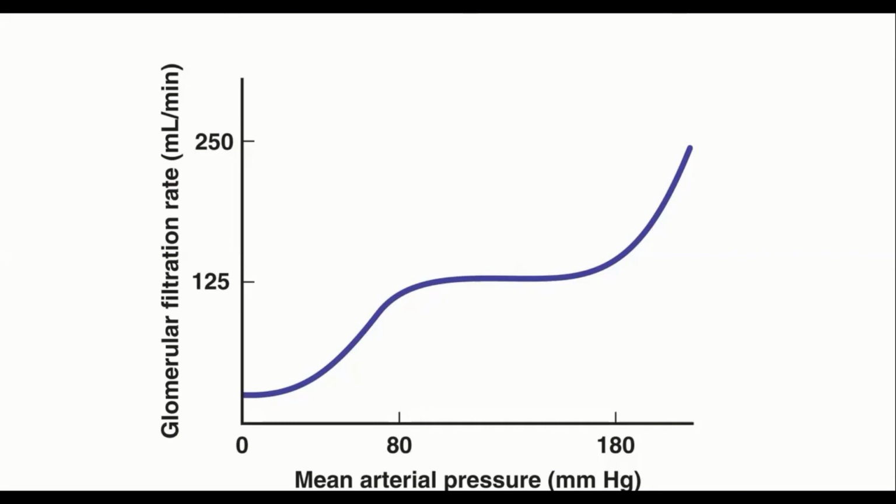Like it'll change when you're exercising or something momentarily, and you don't want to respond to that by peeing out all your water because that blood pressure can change and go back down after the event has happened. So we have a pretty wide range of arterial pressures, 80 to 180, where we can keep that glomerular filtration rate constant.